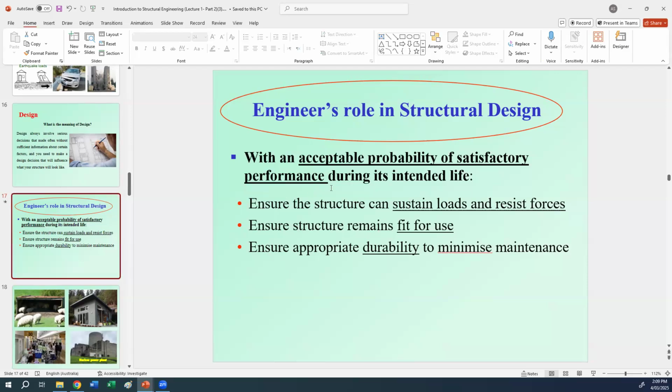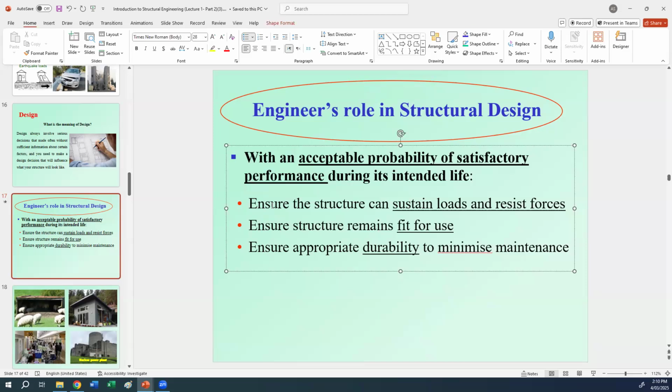So the role of a structural engineer or construction manager deals with engineers. You need to have an acceptable probability of satisfactory performance during the intended life of the building or of the structure. So during the design, we need to have some acceptable satisfactory performance during the life of the building or structure.